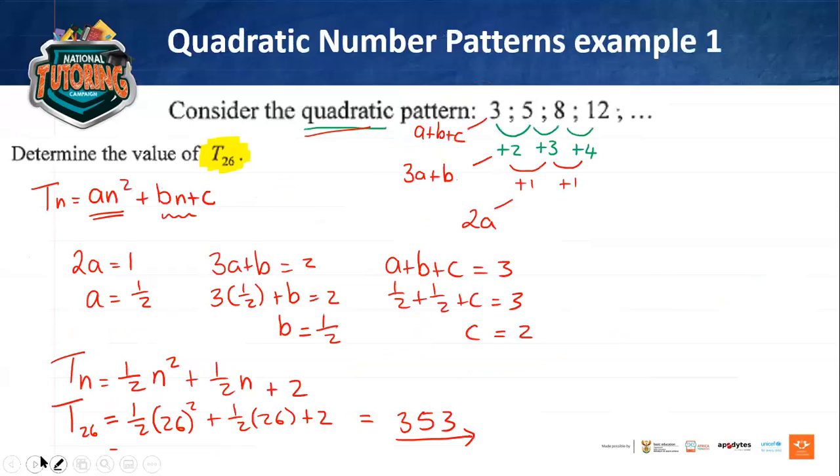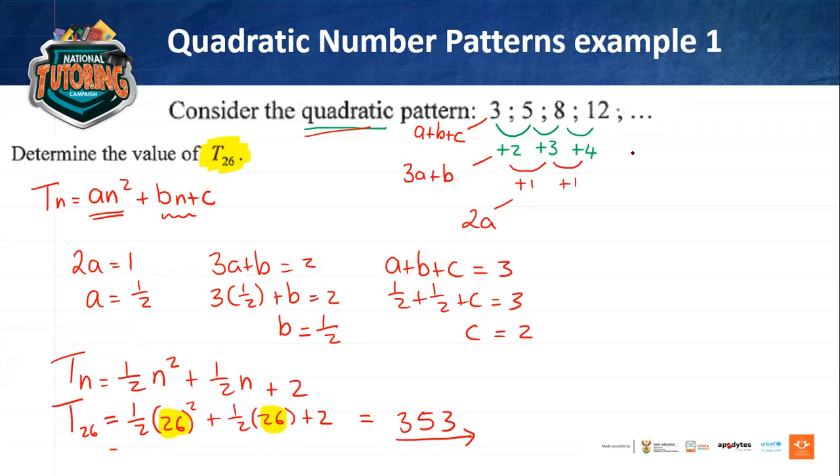In this example that we've just done here, we need to know what is the value of the pattern, but I do know that n is 26, so I've subbed in 26 as the value of n, and my answer is the actual number in the pattern. So make sure you read your question carefully and you know exactly what they're asking, so that you don't have any issues.